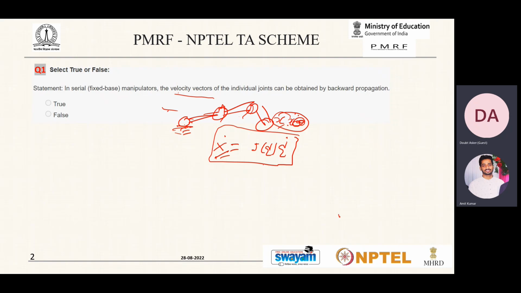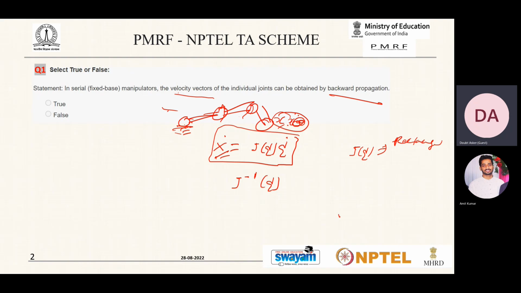Now the question here is, can we do the reverse? That is, using backward propagation. For that we have to find J inverse of q, and we know that most of the time J of q is a rectangular matrix, and in that case there won't be any inverse.